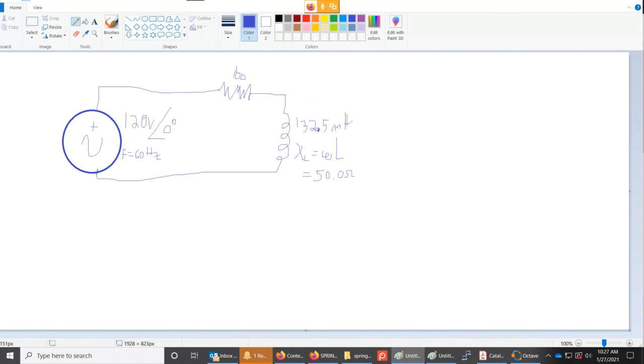Okay. And so remember, this is polar form, which means it's an RMS value.